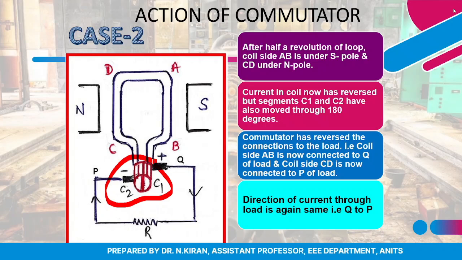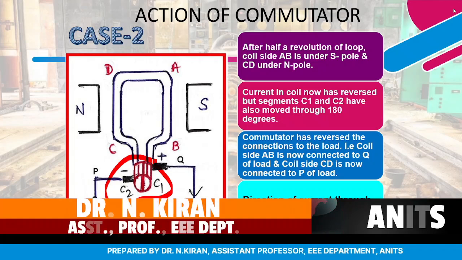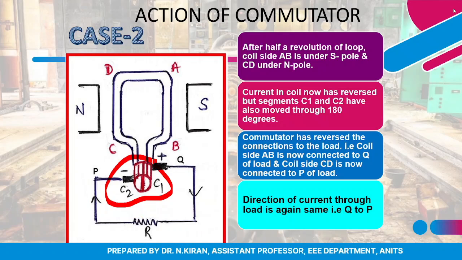So apart from the current direction being reversed, the commutator segments that are connected to the external load terminals are also reversed. Hence, we can conclude that the direction of the current through the external load remains the same. So this is how the commutator plays a very important role to convert the alternating EMF to unidirectional EMF.